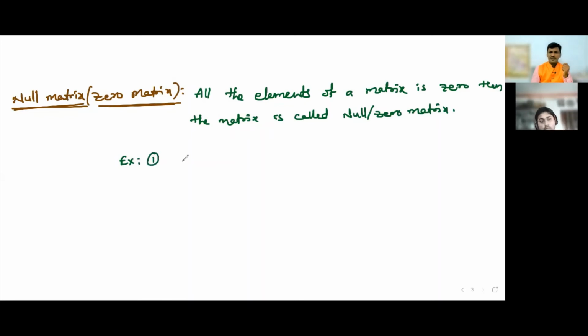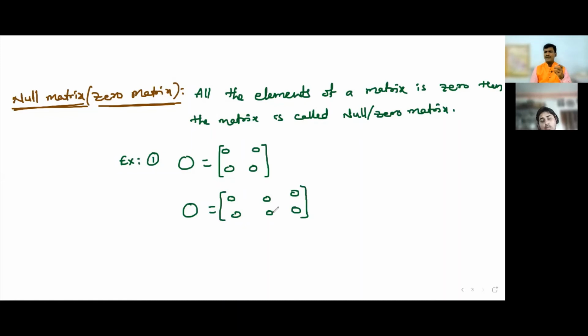For example, the null matrix here is 0 0 0 0. It is a 2 by 2 null matrix. If I take one more matrix, 0 0 0 0 0 0, this is a 2 by 3 null matrix. Based on requirement we take the null matrix order.